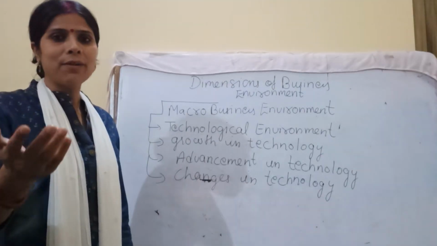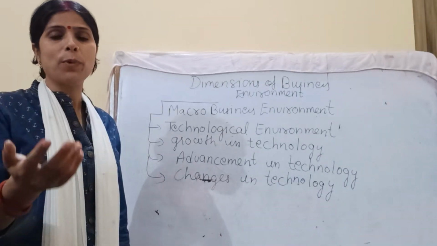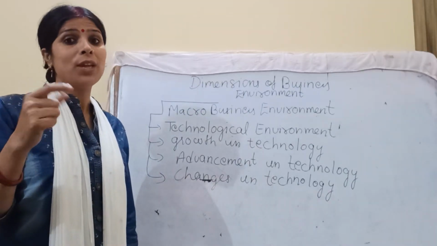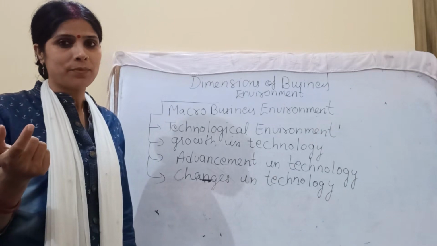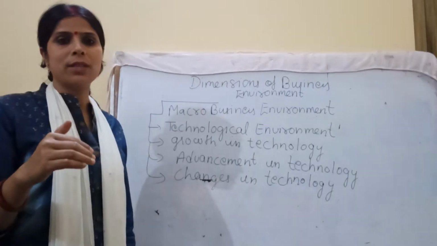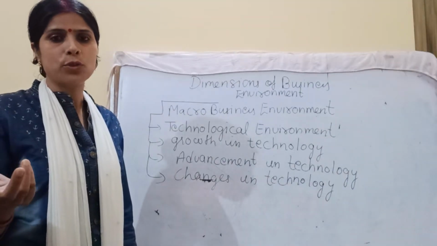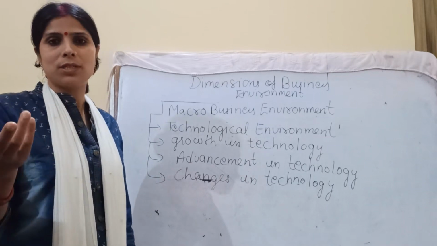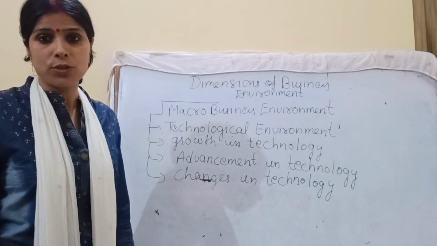Just see, those who invented this phone, the purpose was mainly for communicating with each other. Conventionally, when this technology was developed, it was with little functions. But nowadays you can see there are lots and lots of functions.